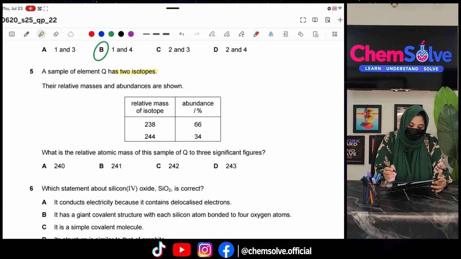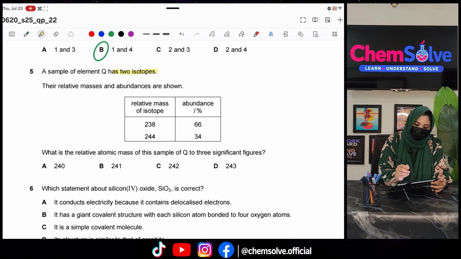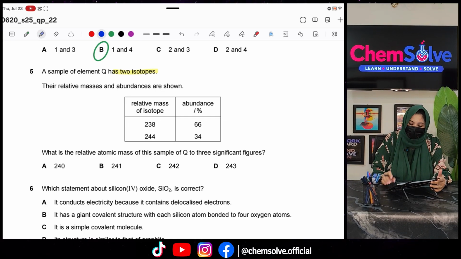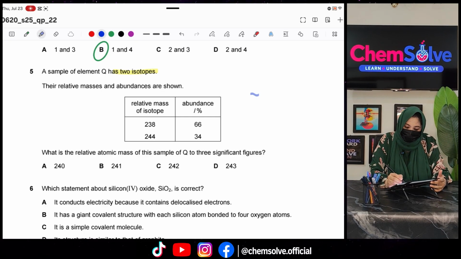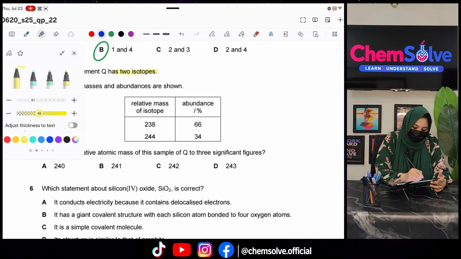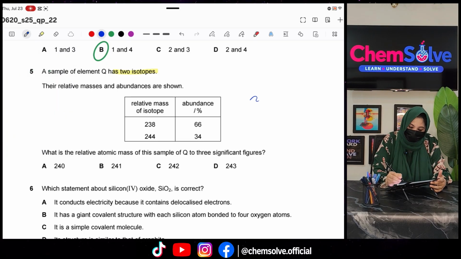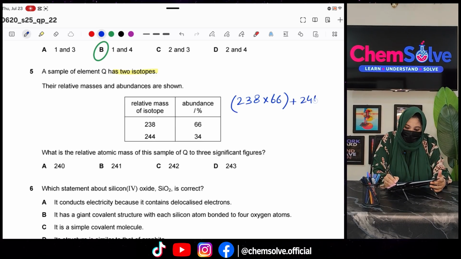So I have told you many times, what is the formula for that? We just have to multiply the mass of the first isotope, 238, with its abundance, plus the mass of the second isotope multiplied by its abundance, and all divided by 100.